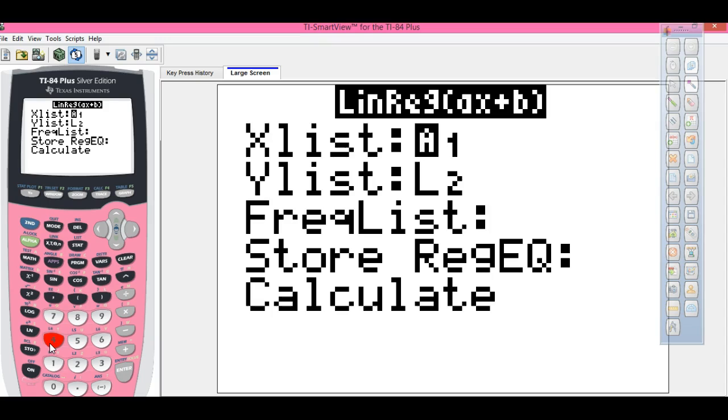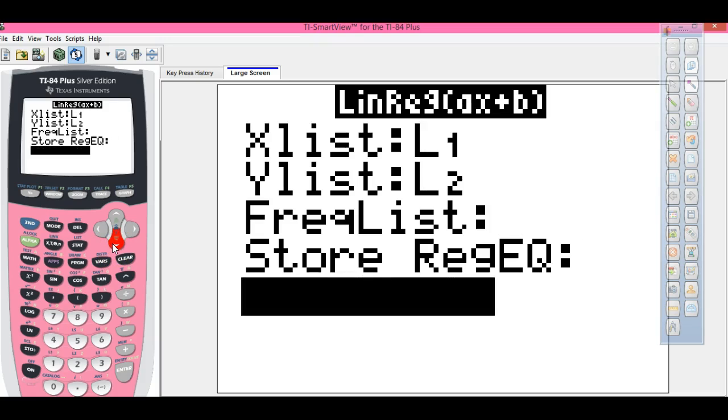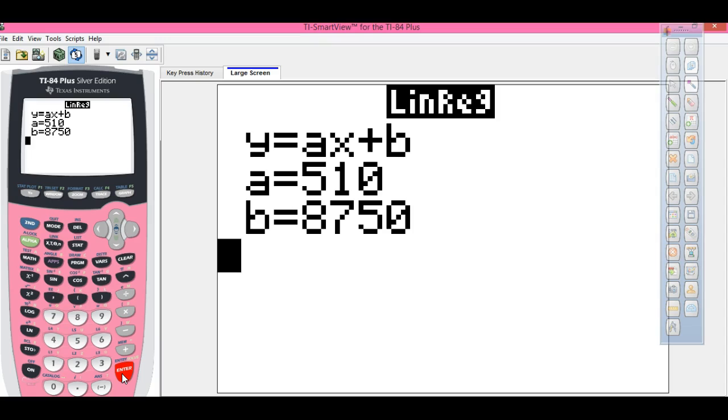Okay, the nice part about this, you just have to go down to calculate. Okay, so it's blinking on calculate, hit enter. Okay, what does A stand for? Because it tells us it's y equals ax plus b.